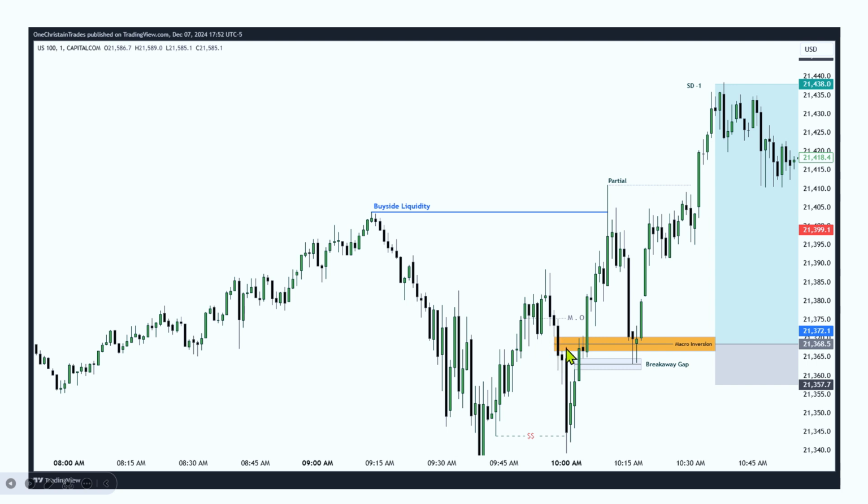We used it during this macro to send us lower into this short-term liquidity pool right here. Then we inverse it right here. As soon as we inverse it, this could have been our buy, and your exits could have been right there, like that. Easy. That could have been your trade.